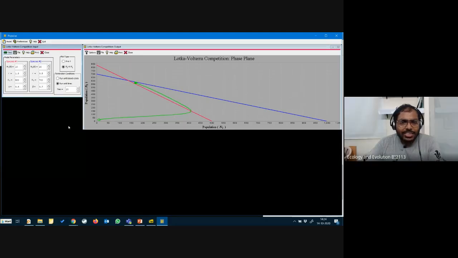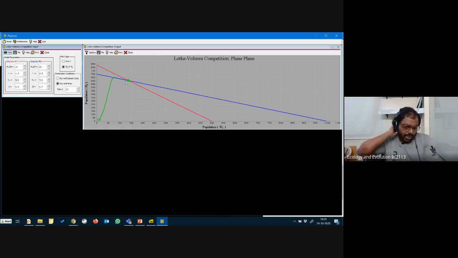The trajectory has changed, but the outcome has not. And I can keep on doing this. I can make the other one, I don't know, 2.5. And it's coming from a different side now. It's coming from a different side, but the outcome is still the same.